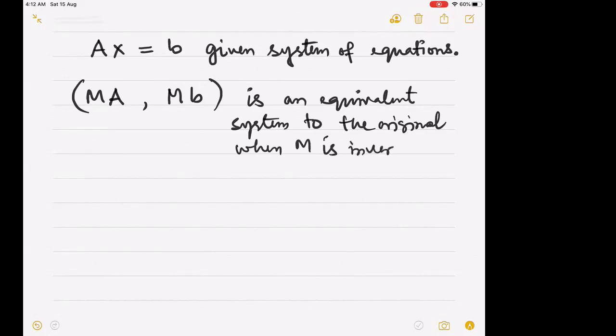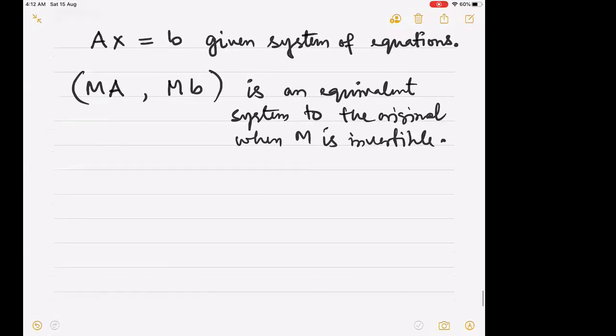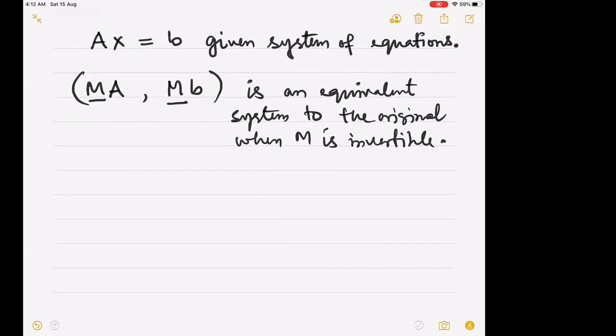If M is square and invertible, then this new system is equivalent to the old one. But the question is, how do I get this M in such a way that this MA has some nice structure, easy to solve? That is why this idea of elementary row operation comes into the picture.